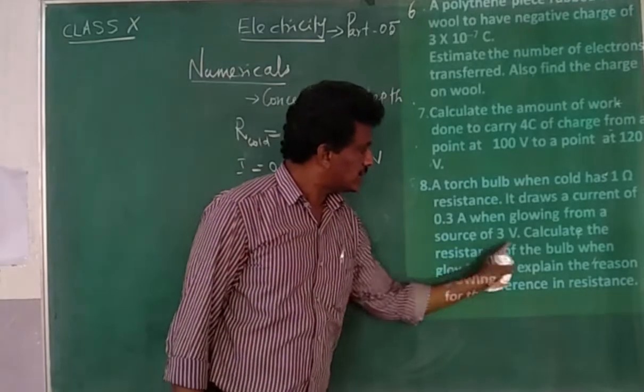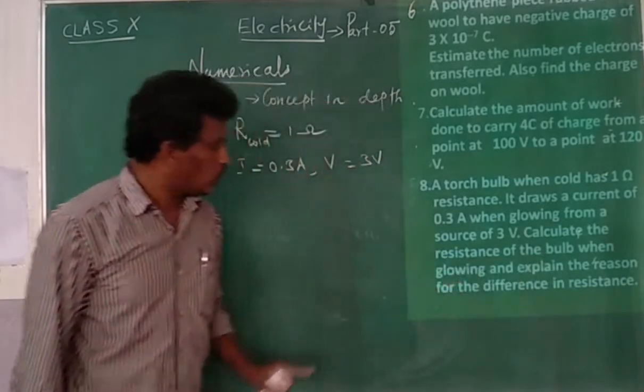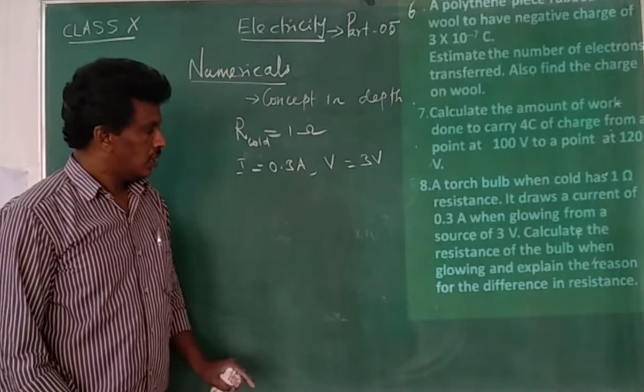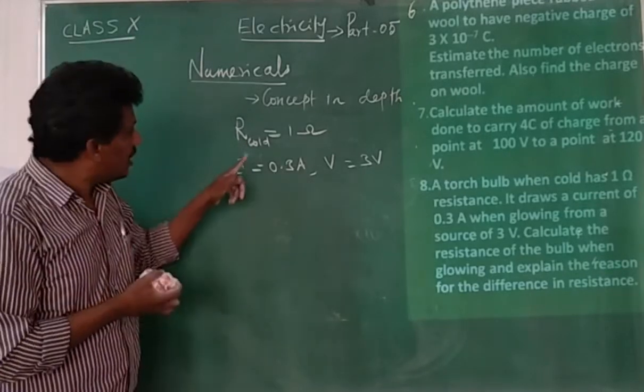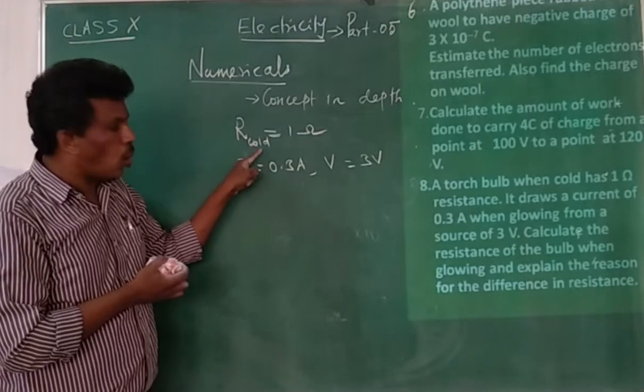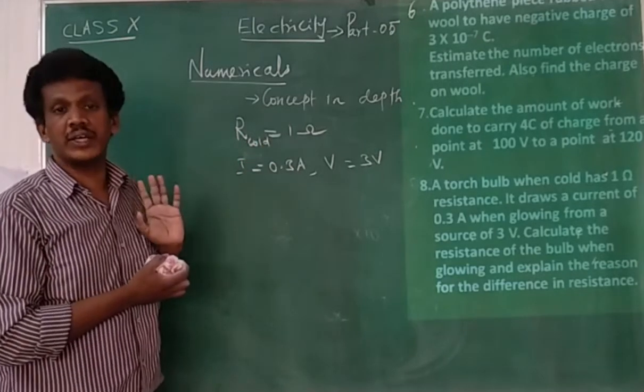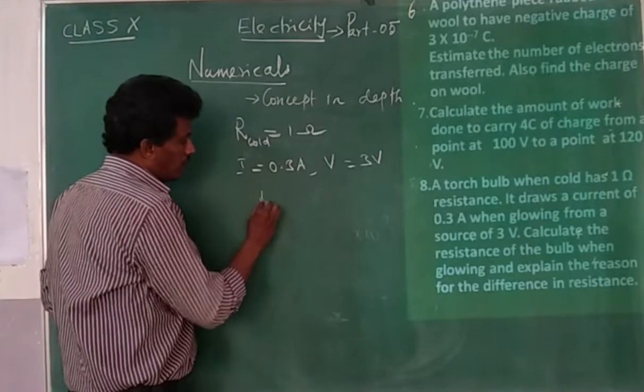Calculate the resistance of the bulb when glowing. When it is cold means it is not glowing. So when it is glowing, what will be the resistance?